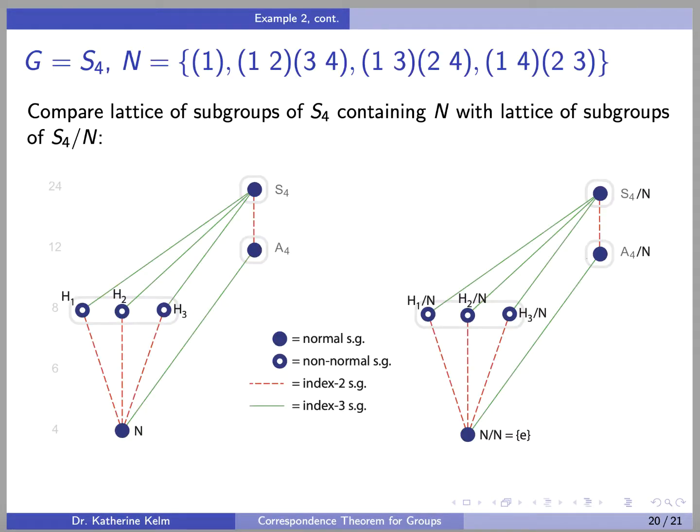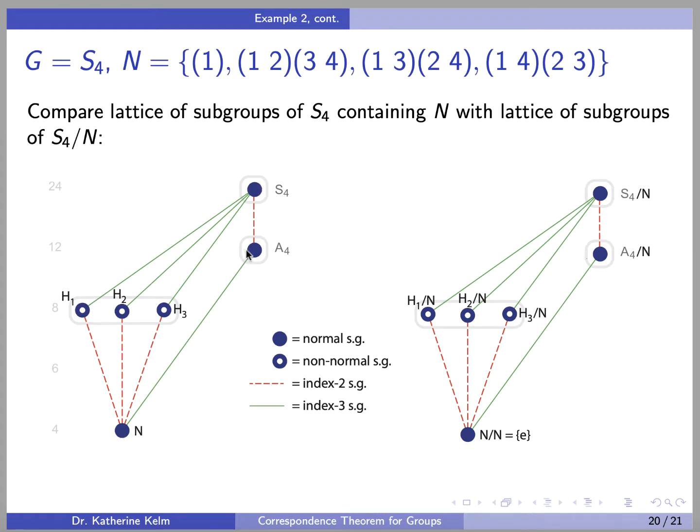So here's what we've discovered. The lattice of subgroups of S4 containing N is identical to the lattice of subgroups of S4 mod N by the correspondence theorem. And moreover, the normal subgroups correspond to the normal subgroups. So you can see here, these are our H1, H2, and H3. They are not normal in S4.